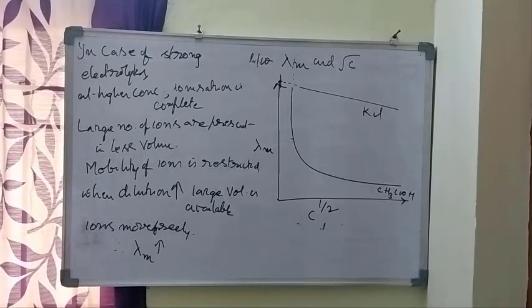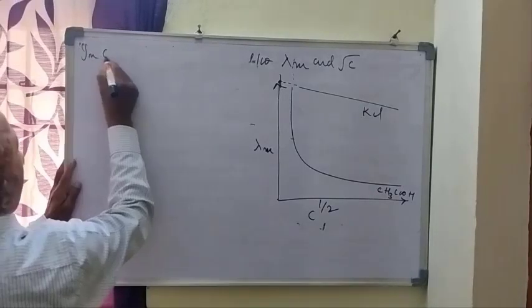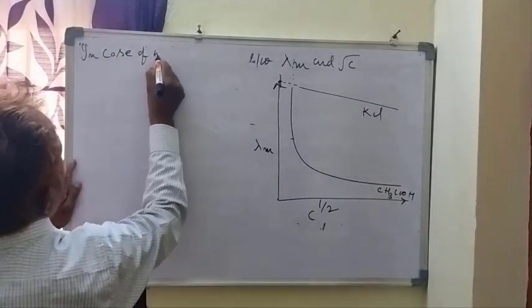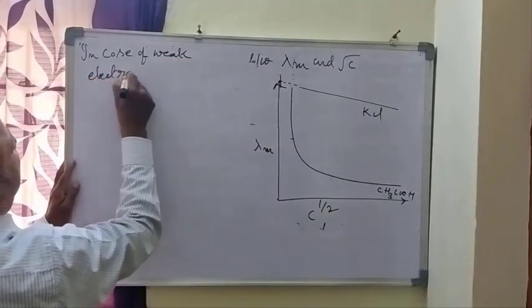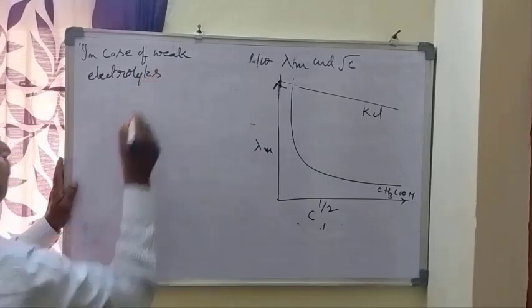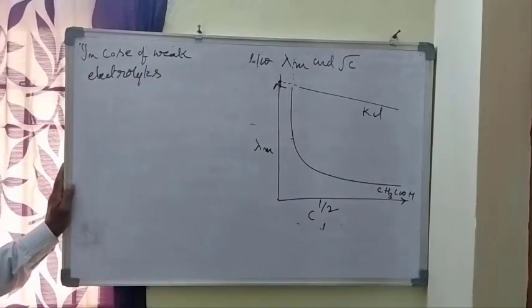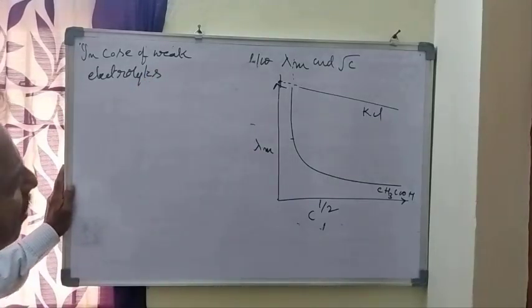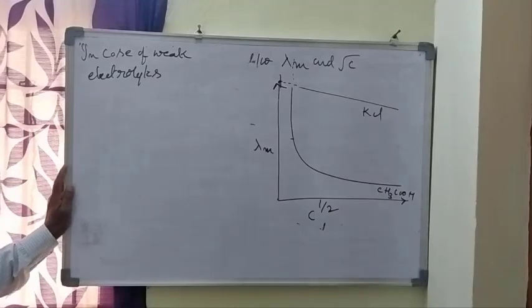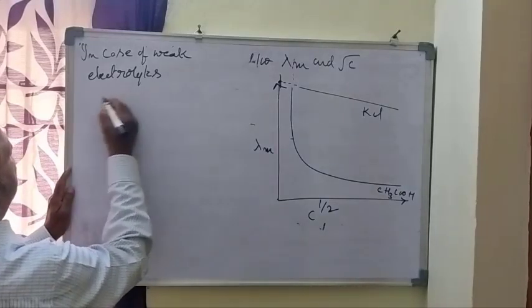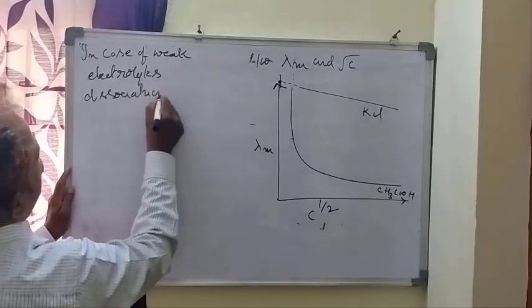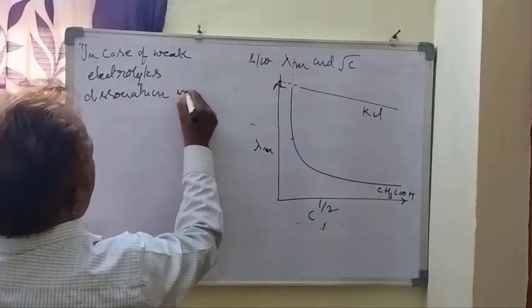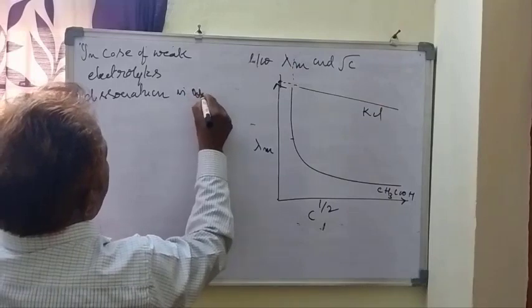Now let us discuss the increase of molar conductivity in case of weak electrolytes. We know that for weak electrolytes, dissociation or ionization is incomplete or is very less.